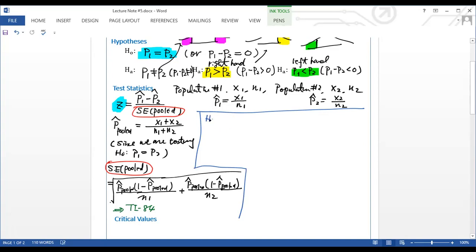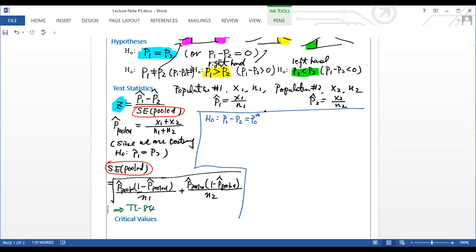You can test P1 minus P2, the difference, to see whether it equals some special value, which I call P0 star. That means you say, hey, I think city A has a higher percentage of smokers than city B, and I think it is 10% higher. So P0 star is the difference you suspect, which would be 10%.